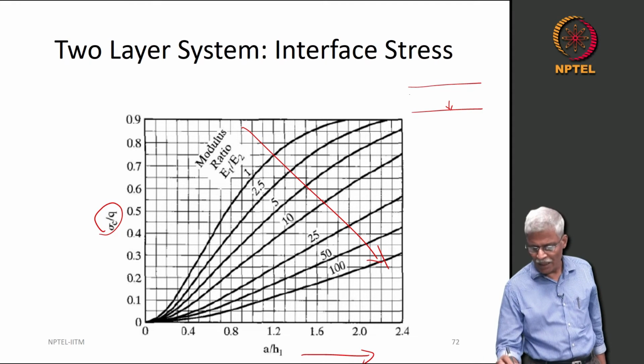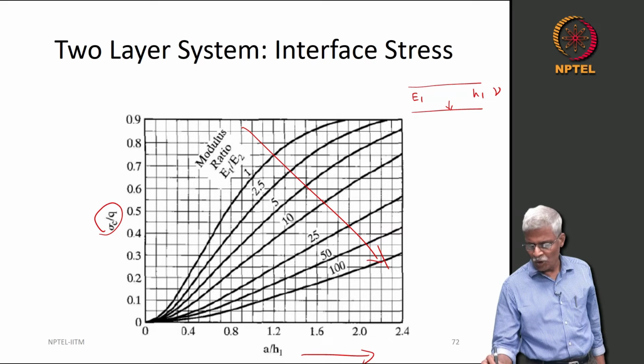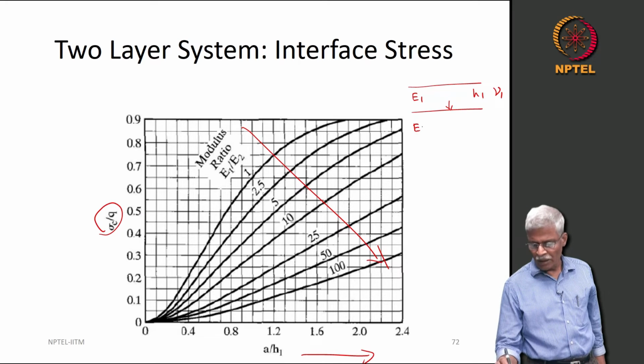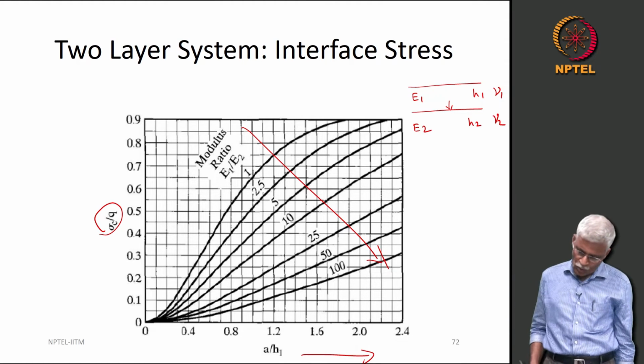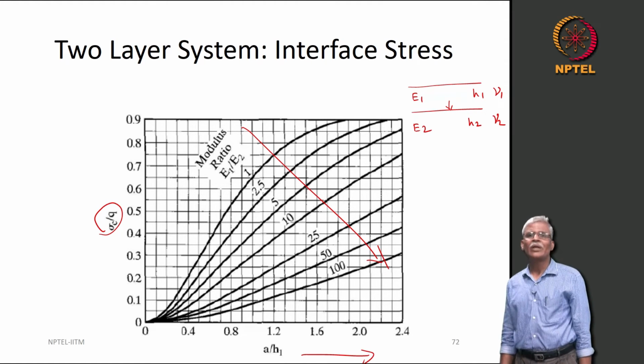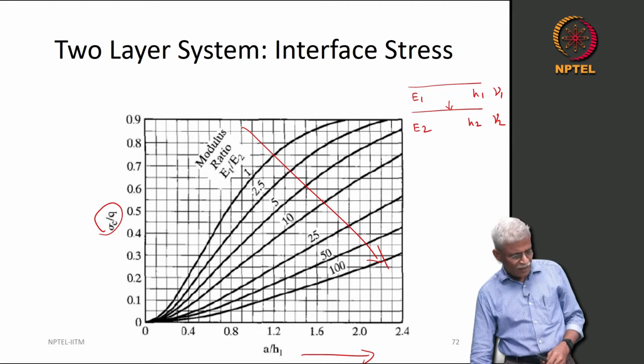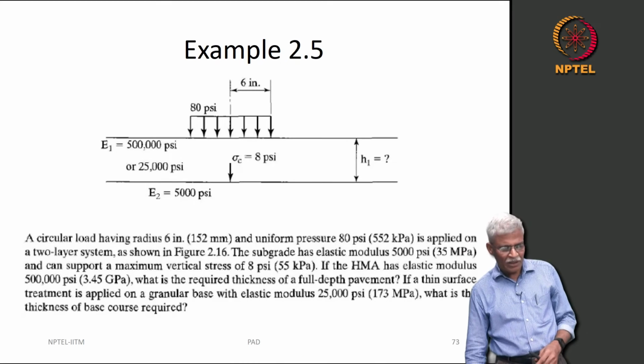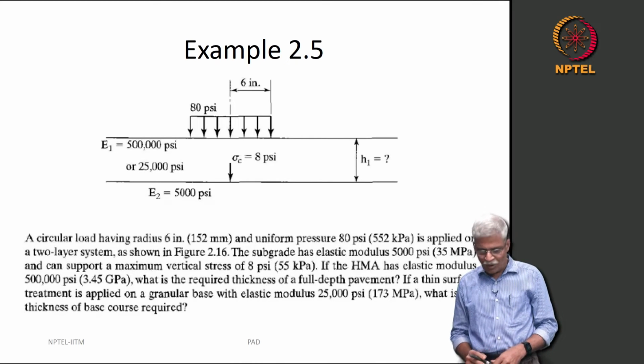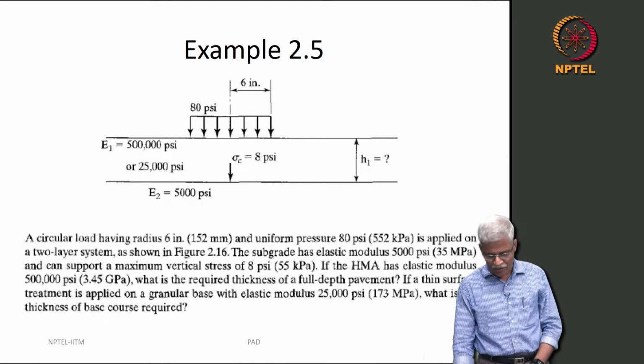So, you need E1, H1, nu 1, E2, H2, nu 2. This is what you need, and we can use some of these charts to determine the interface stress, deflection and what not. Okay. So, now let us understand this problem very carefully.